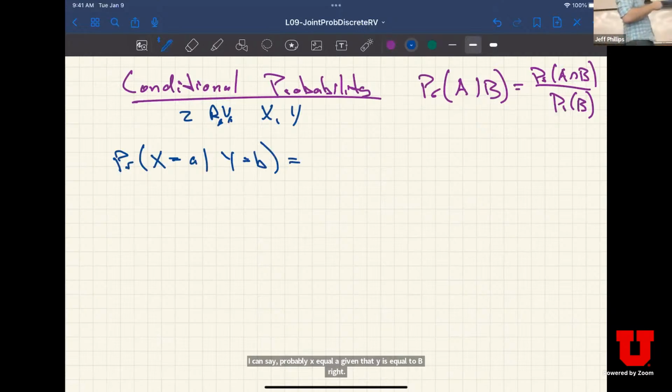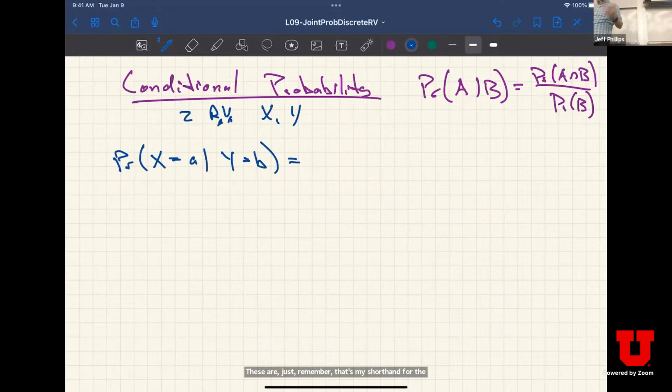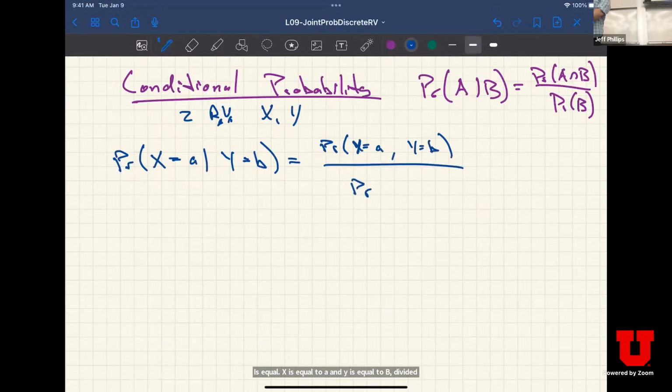Remember, that's my shorthand for the set, the event x is equal to A and the event y is equal to B. Well, this is equal to the probability that x is equal to A and y is equal to B, divided by the probability that y is equal to B. That's just using that shorthand notation to define the events with the random variables.